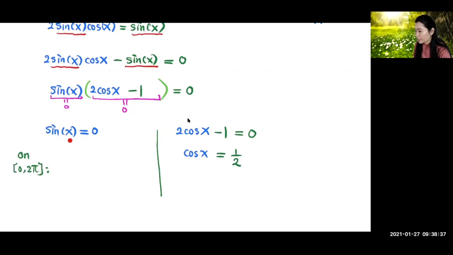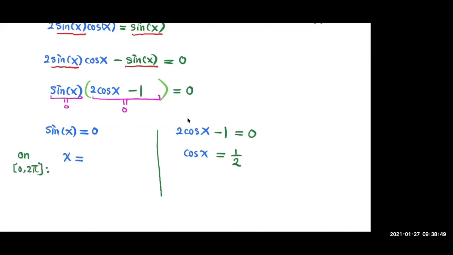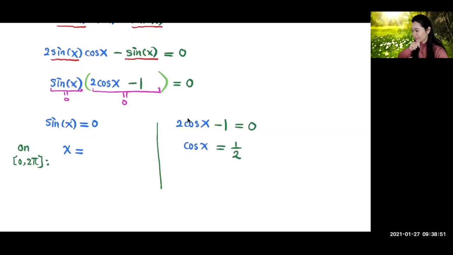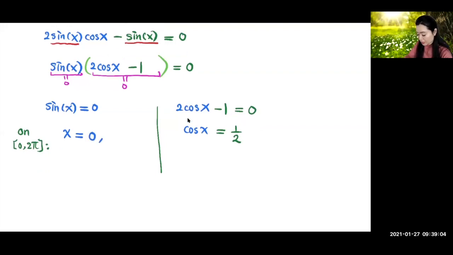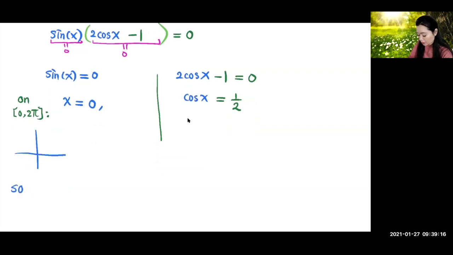where sine of that is equal to 0? What are those angles in radian? What does x equal to? Sine of what equal to 0? Remember, sine of 0 equal to 0. What else? You can try to think about the unit circle over here, right? Sine is opposite over hypotenuse. Remember SOHCAHTOA?